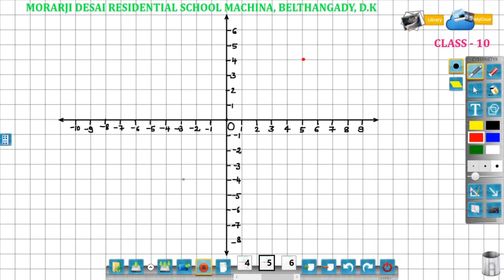Now take 2 points. One is in the first quadrant and another one is in the third quadrant.